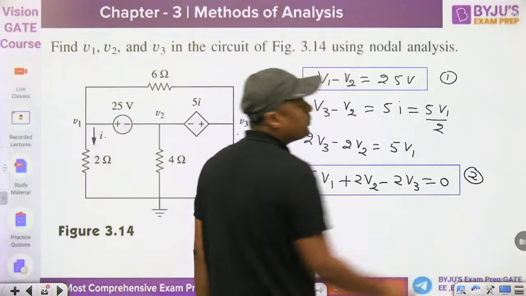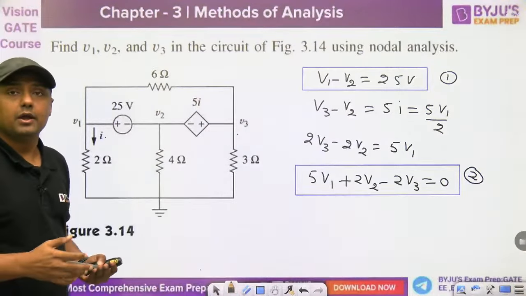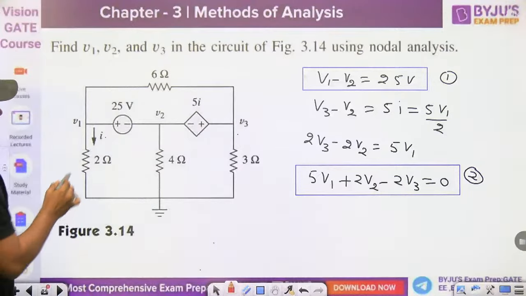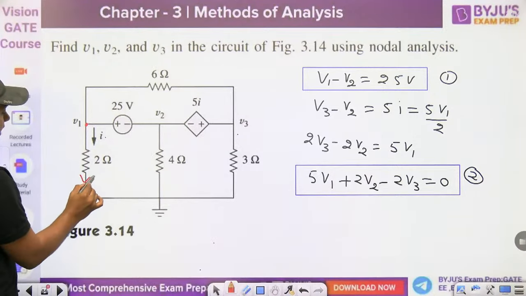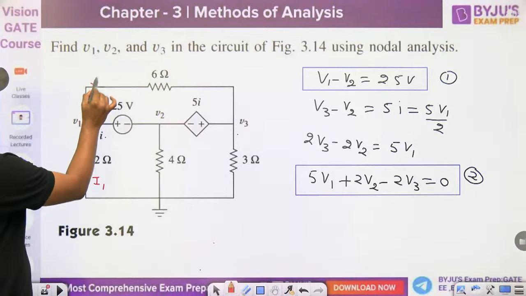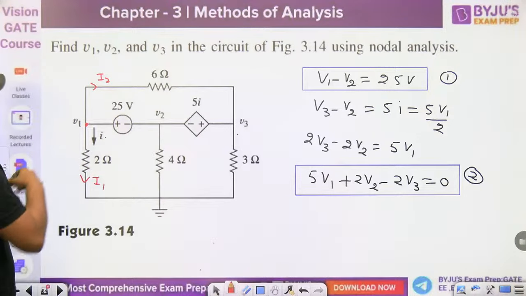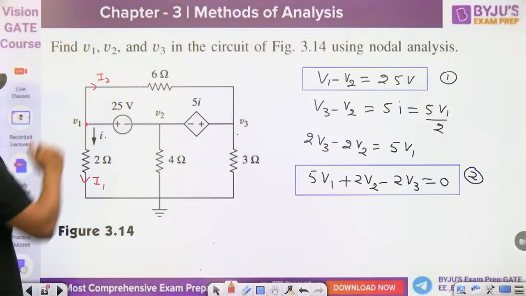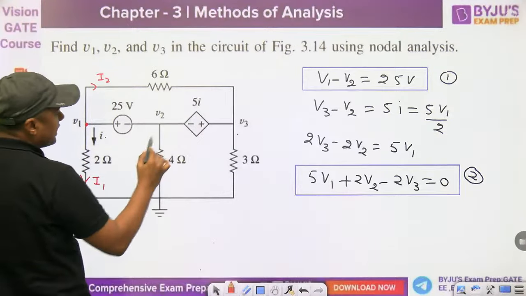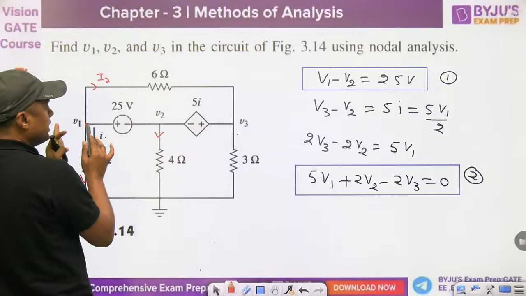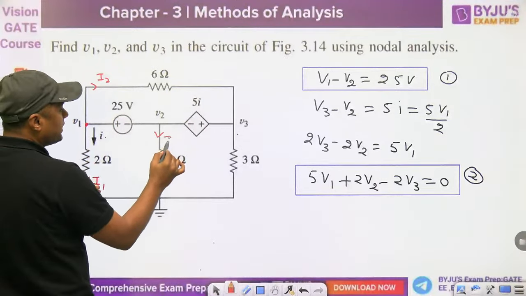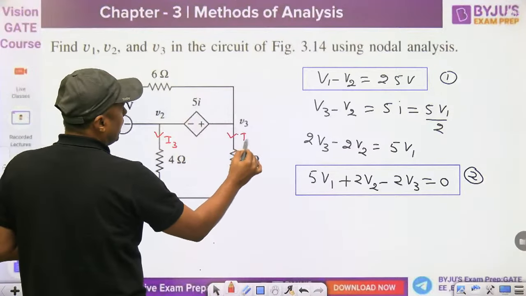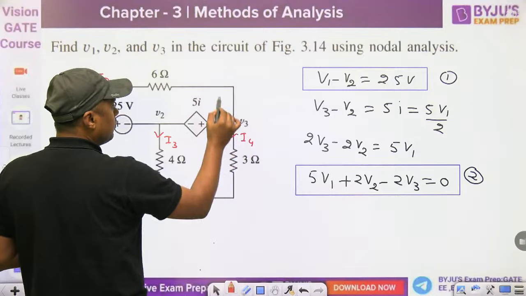Now the supernode. How can we apply the supernode? First, at this node, let this current be I1 and this current be I2. So you can write I1 plus I2 as outgoing current. Then for the second node, because here it is a branch, here we have already taken only I3. Then fourth, I4, and then I5.